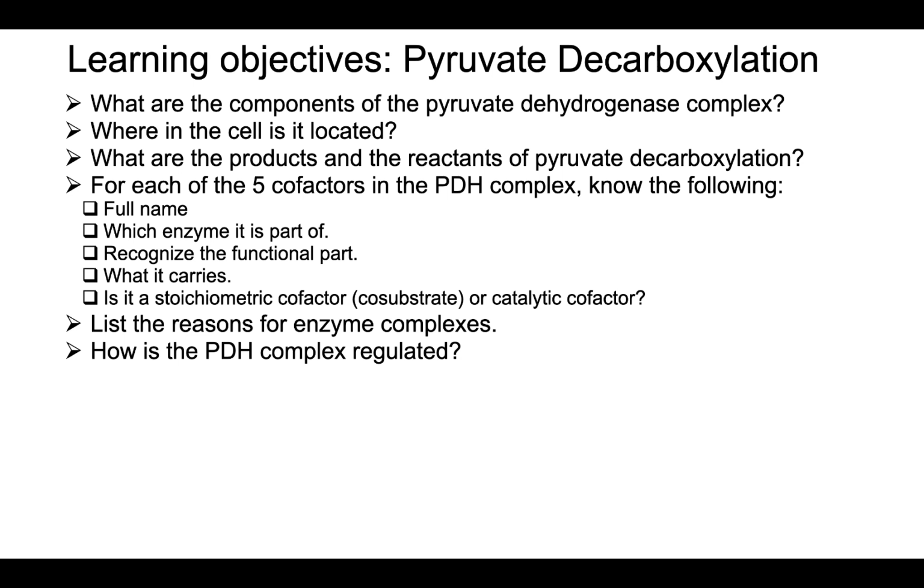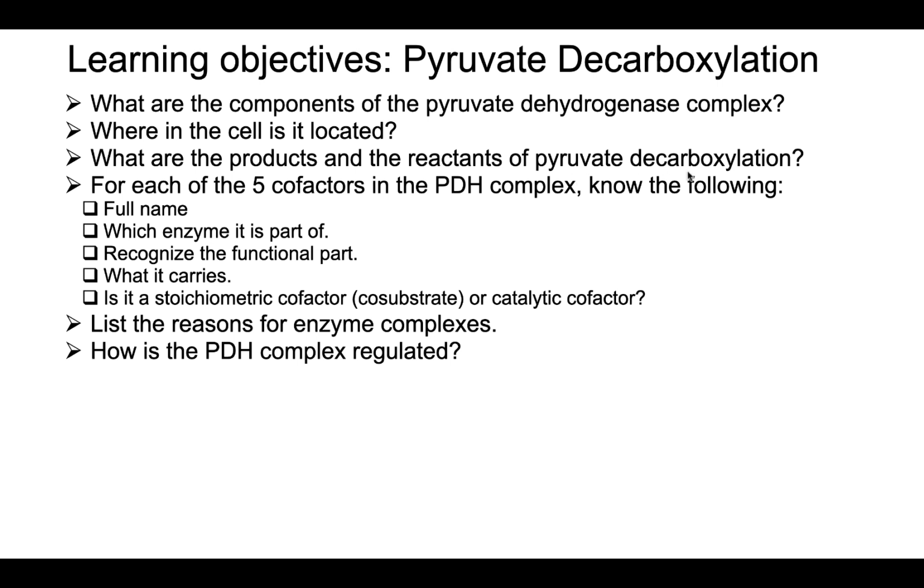Okay, so again, go back, watch this video, watch the other videos that describe pyruvate decarboxylation. Make sure you're able to answer these questions. What are the components of the pyruvate dehydrogenase complex, the 3 enzymes? What are their names? Where in the cell is this PDH complex located? What are the products and the reactants of pyruvate decarboxylation?